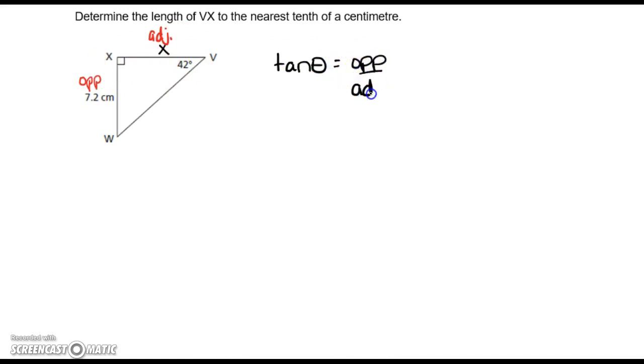I'm going to start by writing down that formula. tan of theta is equal to your opposite over your adjacent. In this case, we know the angle theta is 42 degrees and the opposite is 7.2. Since we don't know what our adjacent is, we can leave that as x.